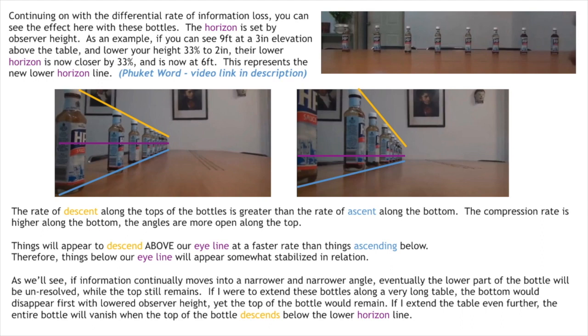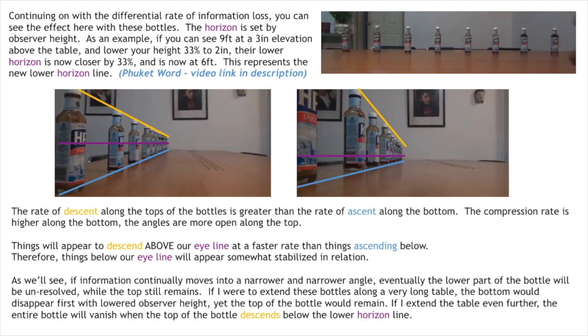If I were to extend these bottles along a very long table, the bottom would disappear first with the lowered observer height, yet the top would still remain. And if I extend the table even further, the entire bottle will vanish when the top of the bottle descends below the lower horizon line. And that won't be apparent just yet, but we will go through that and illustrate how that happens.